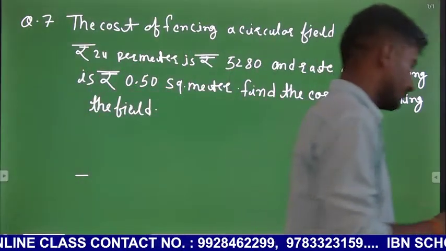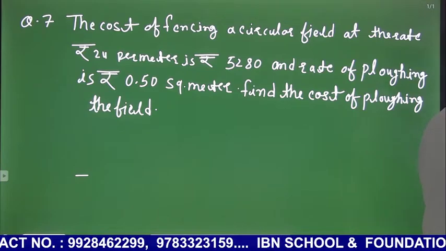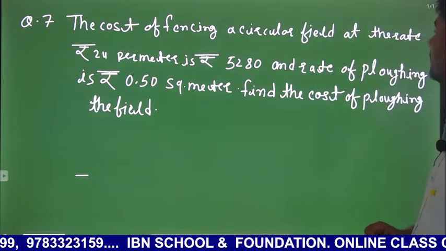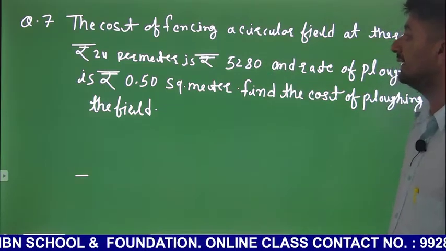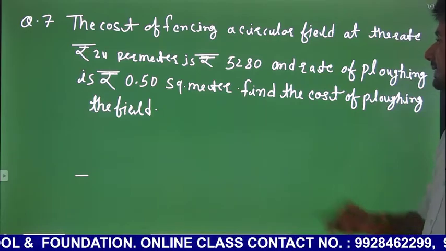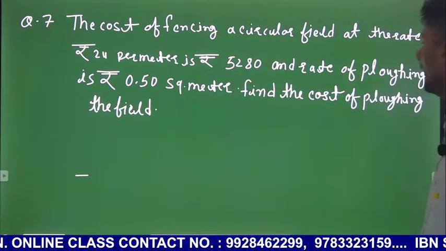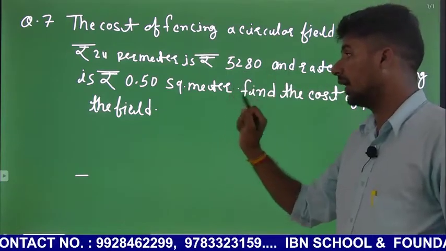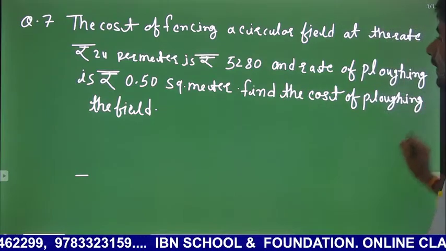This is our question number 7 from our exercise. In this question, the cost of finishing a circular field at the rate of 24 rupees per meter is 5,280, and the rate of plowing is 0.50 per square meter. Find the cost of plowing the field.